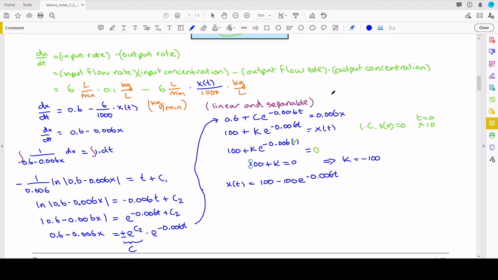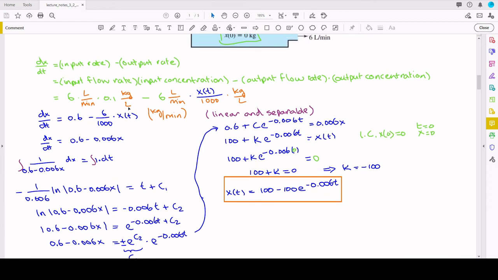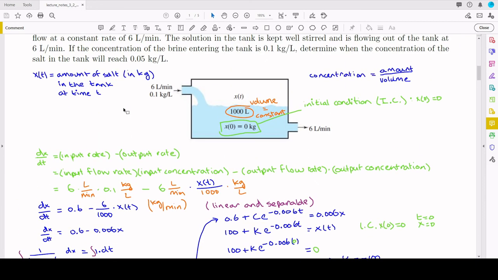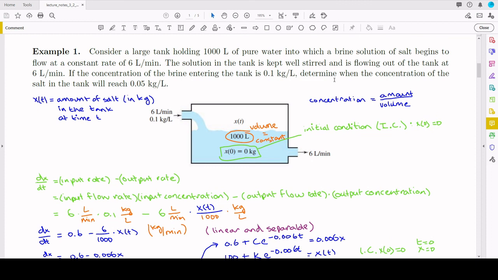Now, that's not the final answer to our problem, but it's important enough to at least put a square around this because this is an important result, but it's not our final answer. So let's take a look at what was the question asked here. It was determine when the concentration of the salt in the tank will reach 0.05 kilograms per liter.